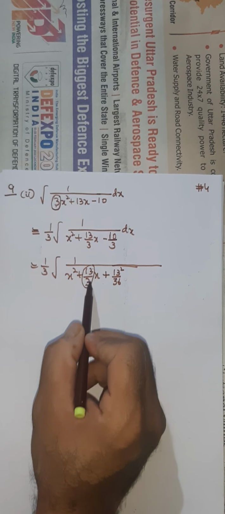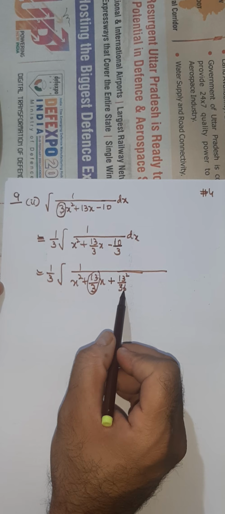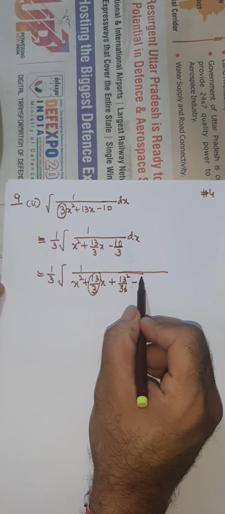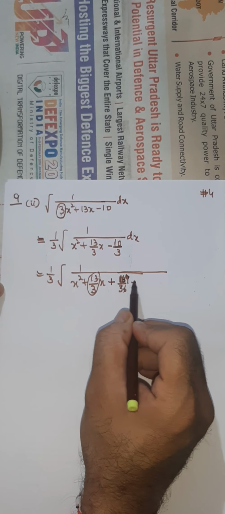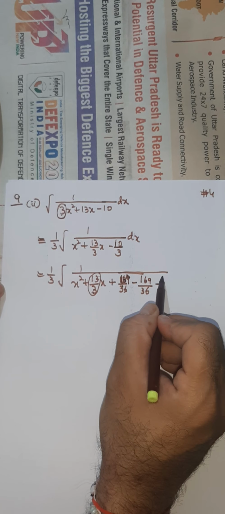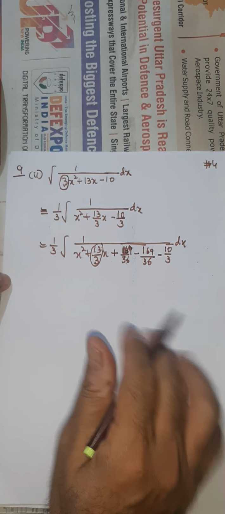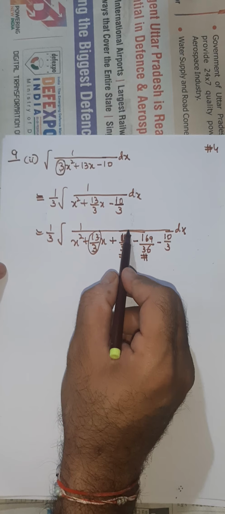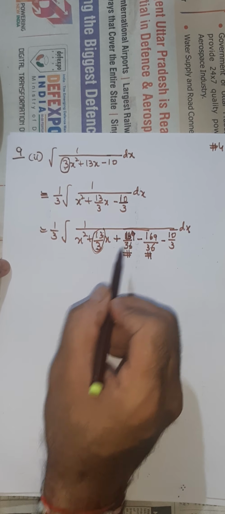You do half of this, so 13 by 6, so 13 square by 36. We have 169 by 36. Minus 169 by 36, minus this 10 by 3 as it is. What I did, I've added this and I've subtracted the same expression. How did I get this 169 by 36? Half of this, the whole square.